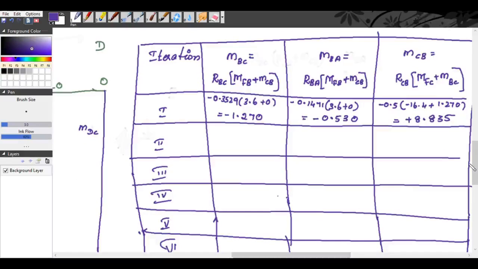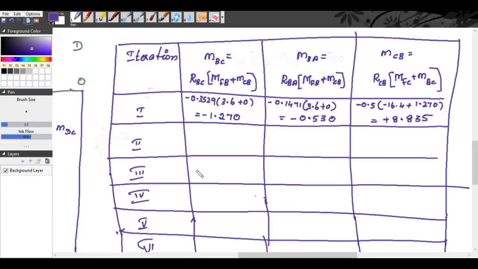Similarly, for the second iteration, MBC is equal to RBC. RBC is the same, minus 0.3529. MFB is also not going to change. But we have determined MCB, which is plus 8.835. We get the value as minus 4.338. Now MBA is equal to minus 0.1471 into 3.6. These are the same.